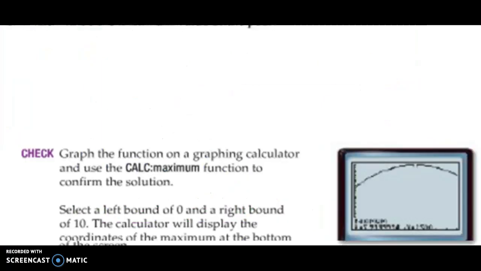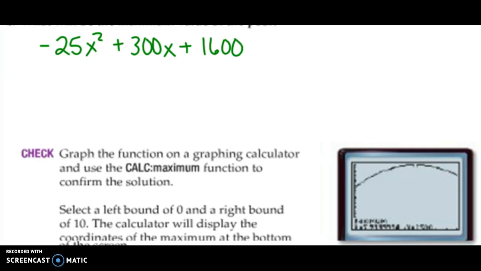So now that we figured out the price increase to maximize it is 6 price increases, we can figure out the prize pool. So my x value is 6, and my equation was negative 25x squared plus 300x plus 1600. I'm going to put 6 in for x.